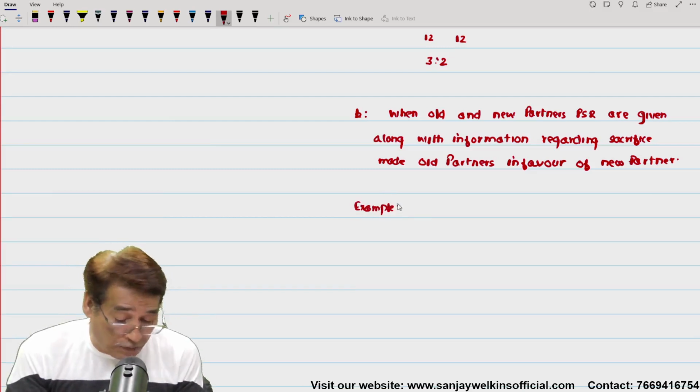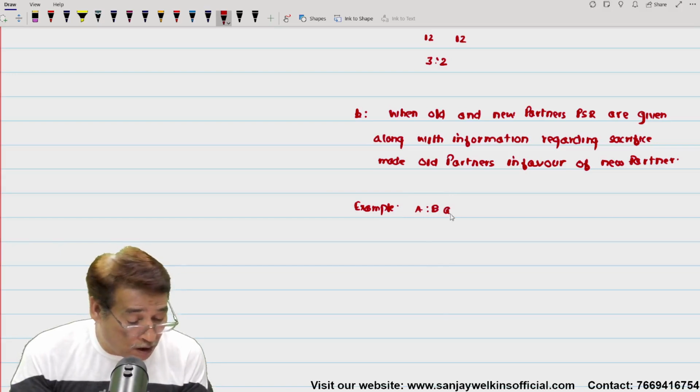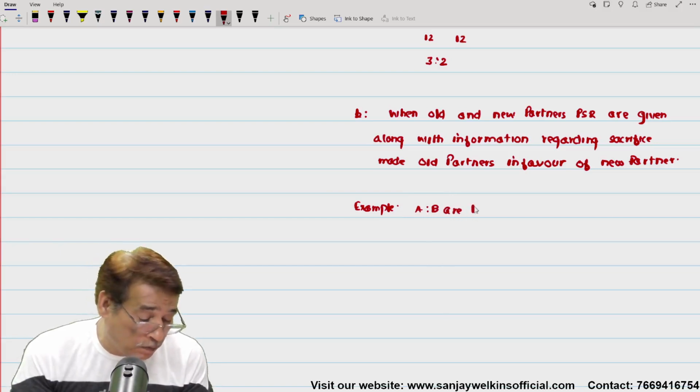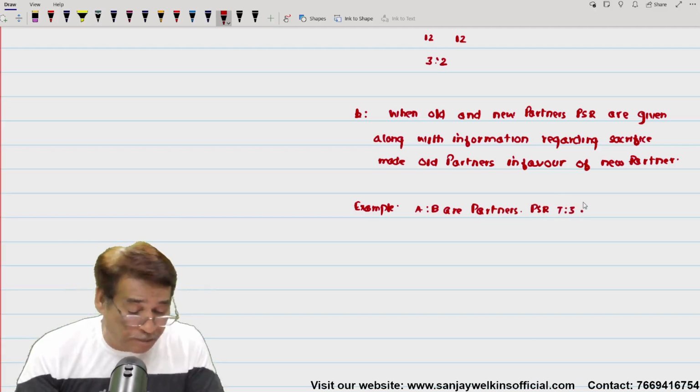In this example, I presume A and B are partners, existing old partners. We further presume that their profit sharing ratio is 7:3, that is 7/10 and 3/10.